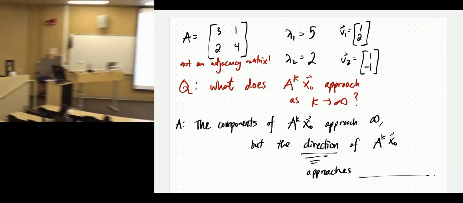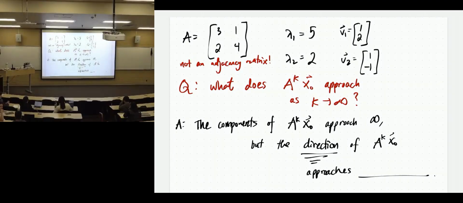If x naught is arbitrary, it doesn't matter. You go on, the vector with the biggest eigenvalue, and then keep scaling.